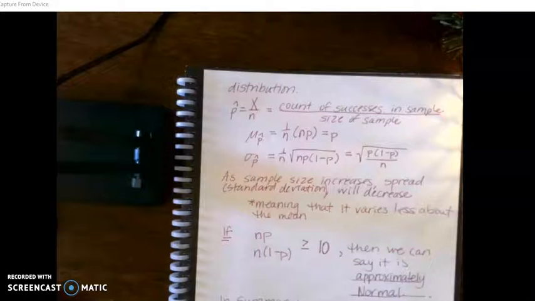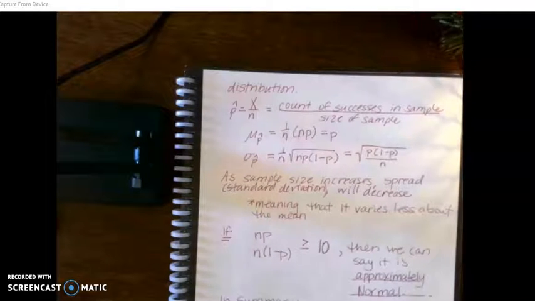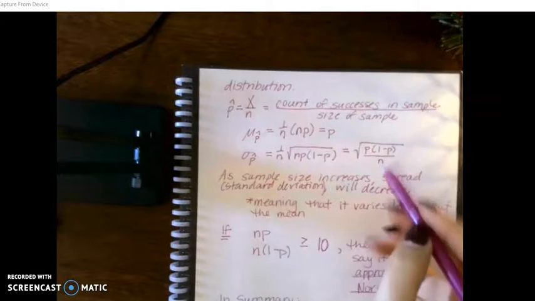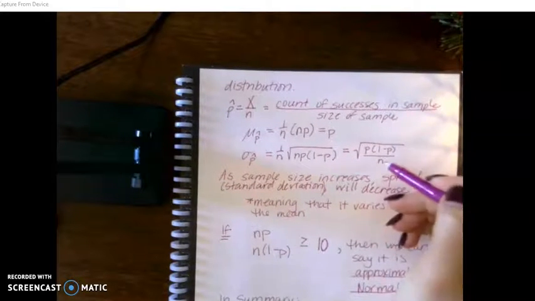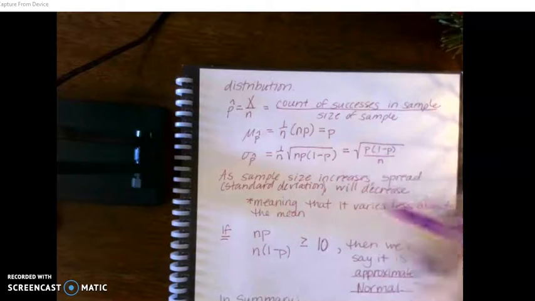Now, if you have a sample size of, say, 100 out of the 200, well, that's a much larger sample size, and so you're getting a better idea, and so your standard deviation will decrease, okay? And it makes sense because n is here on the bottom of the fraction, and so the larger this is, the smaller this will be, and you square root it. All right.